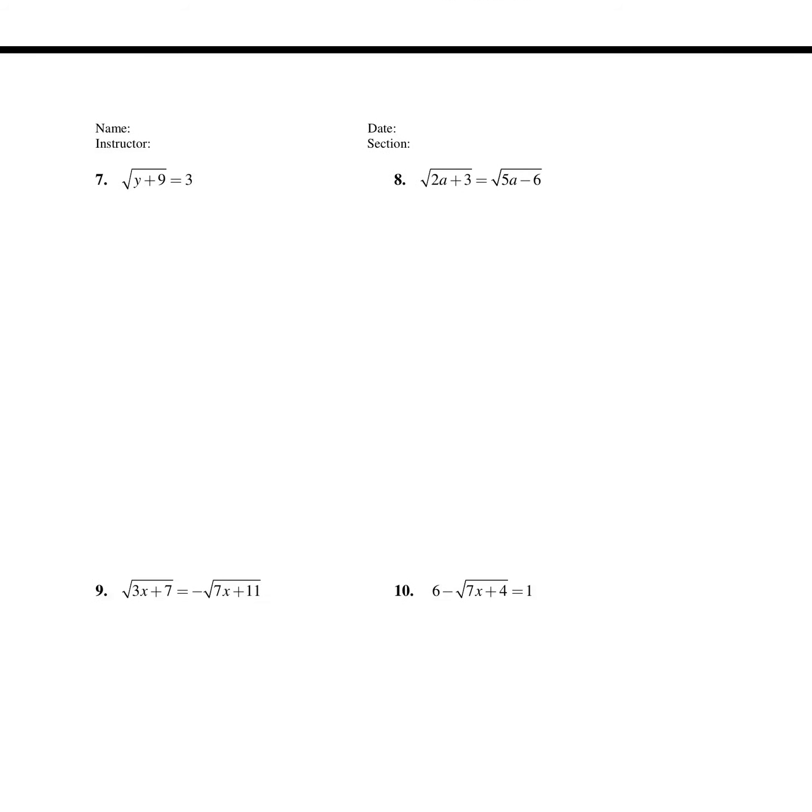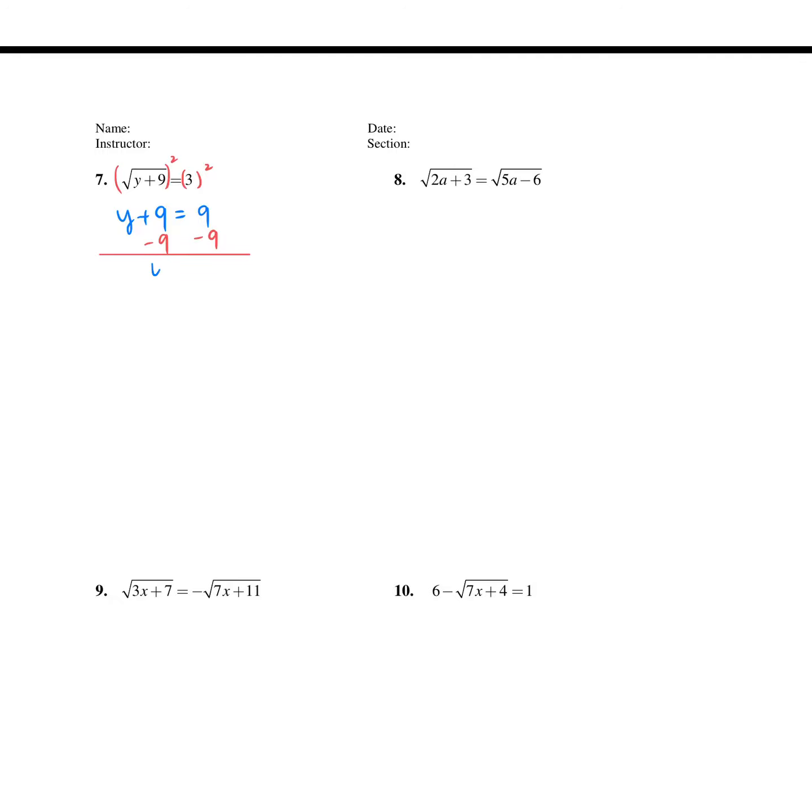Number 7. Radical y plus 9 equals 3. The radical part is already isolated, so we simply perform inverse operations on both sides, which is square. On the left-hand side, we have y plus 9. On the right-hand side, we have 9. This is a very simple one-step linear equation. Subtract 9 from both sides to isolate our variable y.